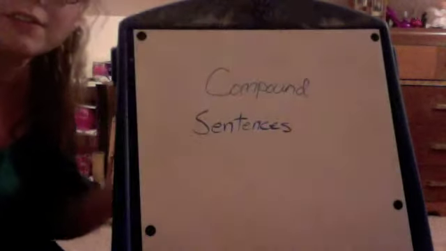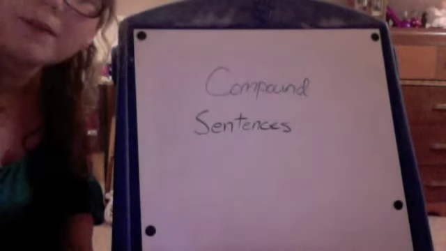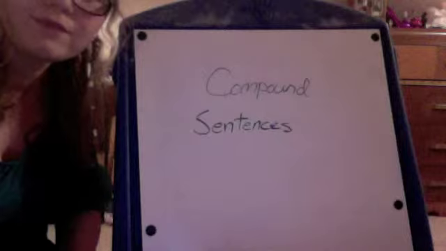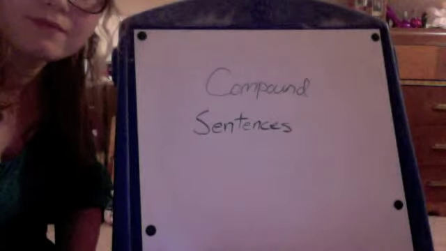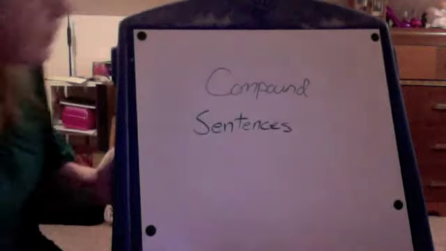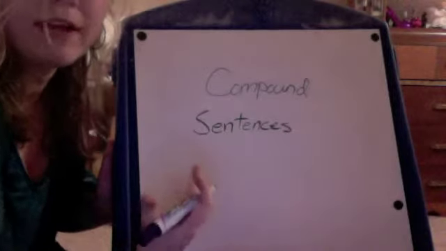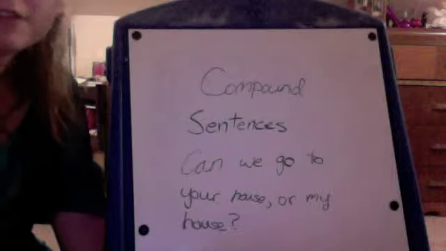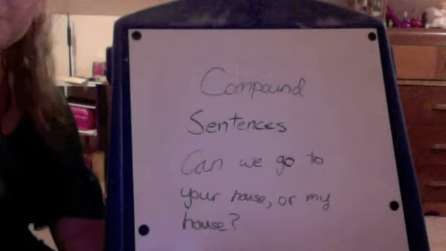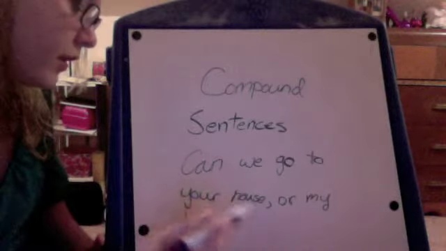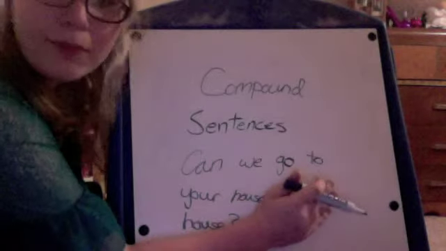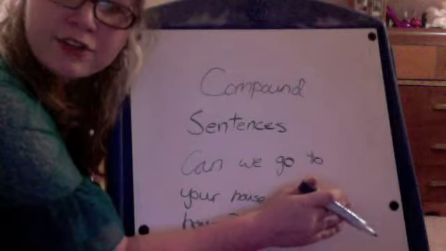Compound sentences. Go ahead and let me know in the comments what you think this is. Did you get it right? A compound sentence is combining 2 or more sentences in one. Can we go to your house or my house? As you can see, you still have a sentence here. If you cover up this, it's still, can we go to your house?